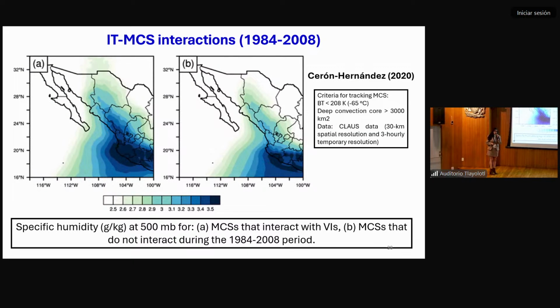This was a very interesting result because we didn't expect that the mesoscale convective systems would produce more intense precipitation rates when compared with the others that didn't interact.